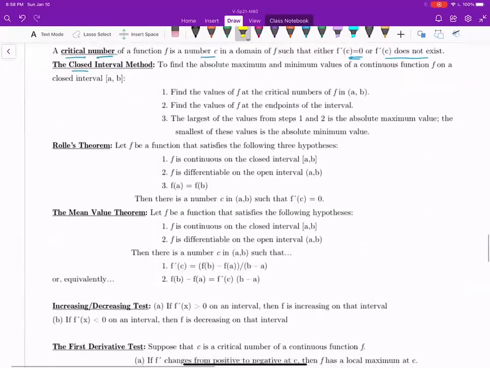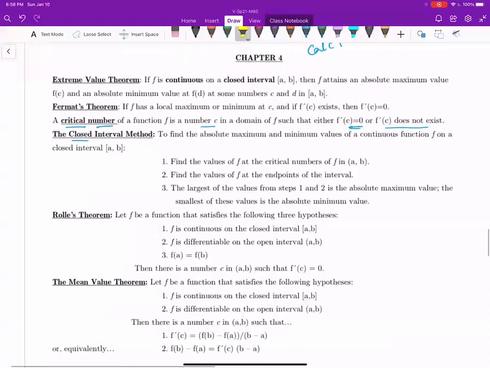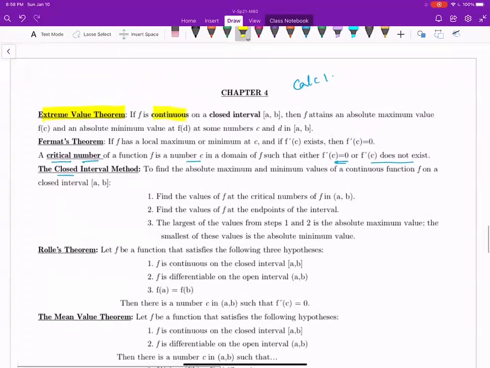There, if f is continuous on a closed interval, that closed interval gets translated to a closed bounded set D in R2 when you do functions of two variables. f attains an absolute maximum value f(c) and an absolute minimum value f(d) at some numbers c and d in the closed interval [a, b]. So if f is continuous on a closed interval [a, b], we are guaranteed that f has an absolute maximum and an absolute minimum inside that interval.